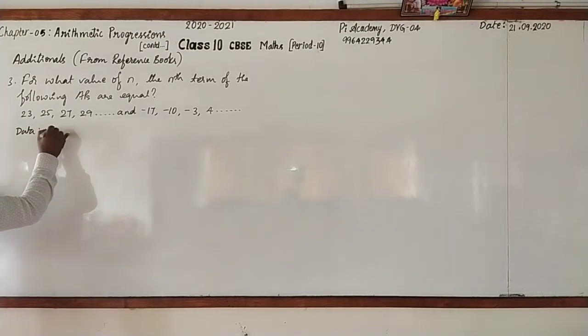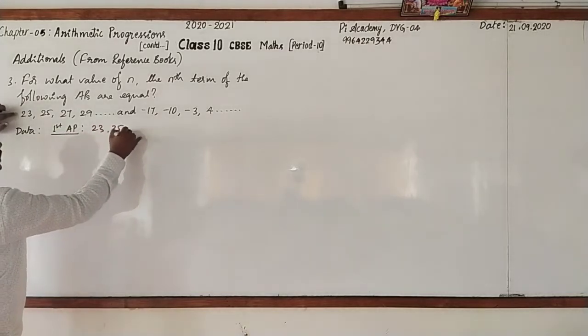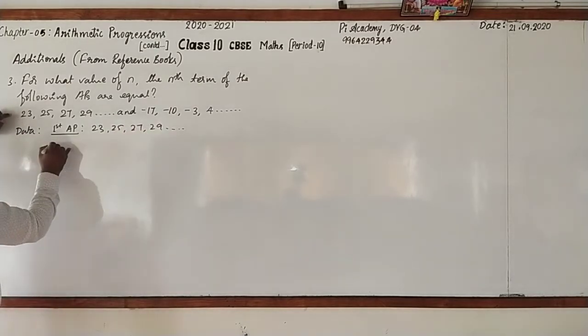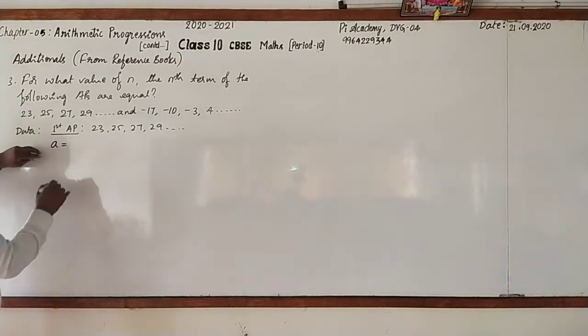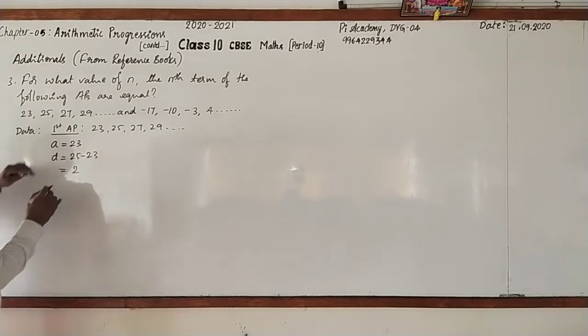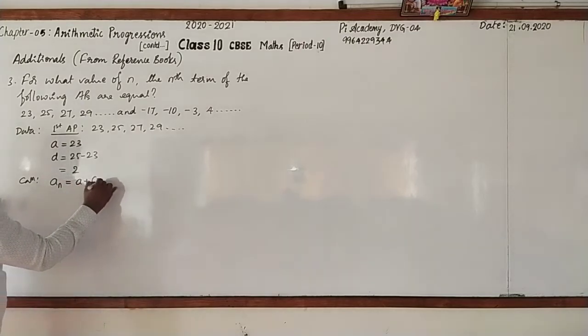Look here. It is the first AP, that is 23, 25, 27, 29 and so on. In this, I take the first term a as 23. Then the common difference d is 25 minus 23, it is 2. Nth term. How do you calculate the nth term? It is an is equal to a plus n minus 1 into d.